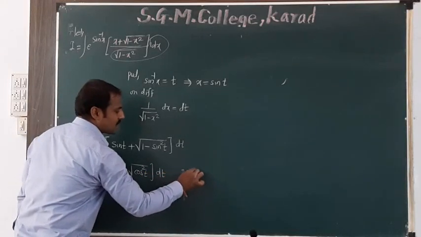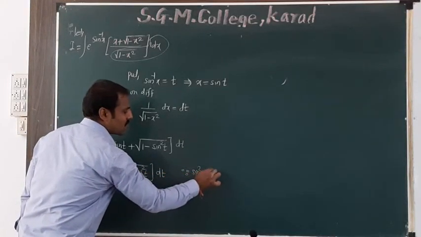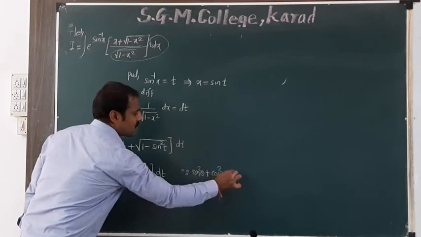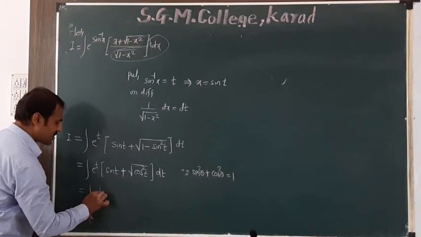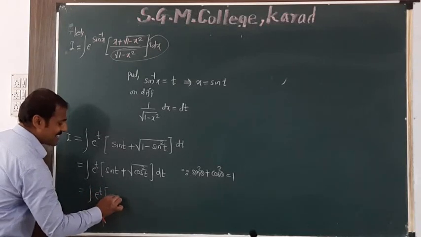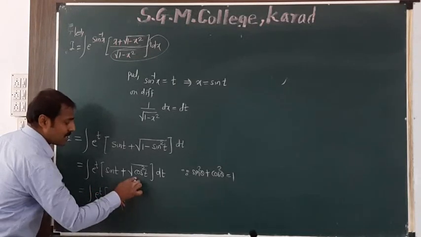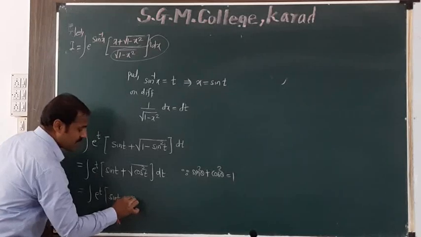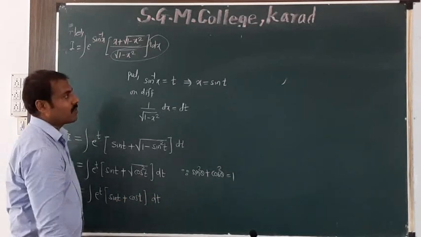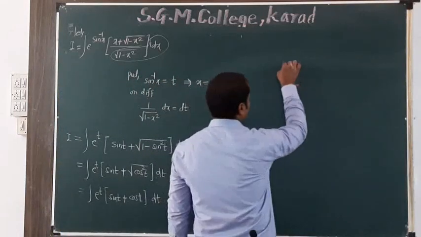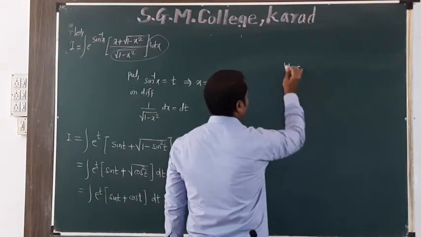Since sin square theta plus cos square theta is equal to 1, square root of cos square t is cos t. I can write this as e raised to t into sin t plus cos t dt.